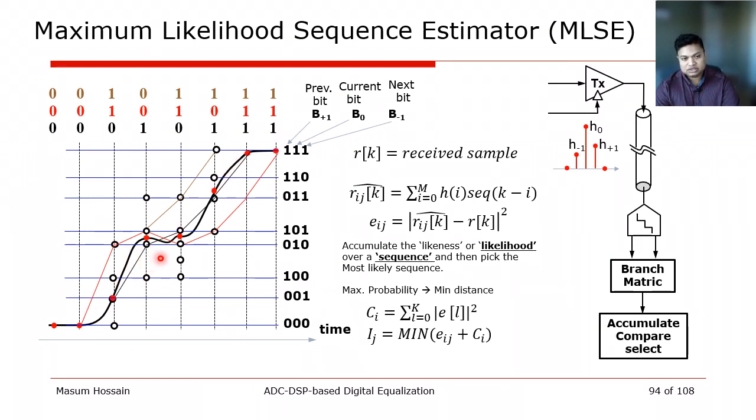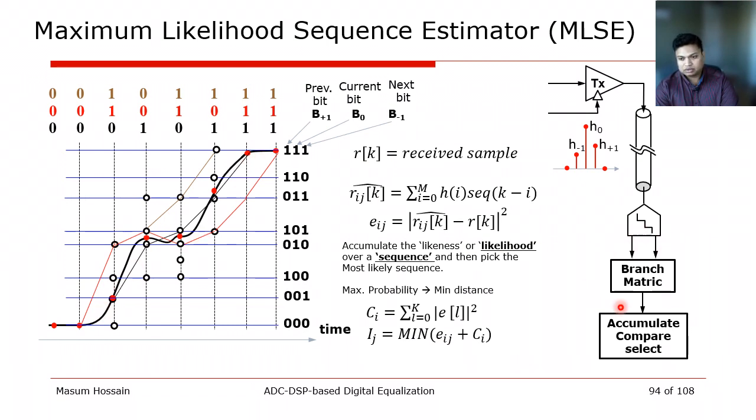And this observation can be mathematically mapped over here. So first we calculate the expected level, or ij hat, and then we calculate the likelihood by calculating this distance. And then we not only look at the distance at one sampling point, we accumulate these distances over an entire sequence. After accumulating that distance, we find the minimum one, or the survivor path.